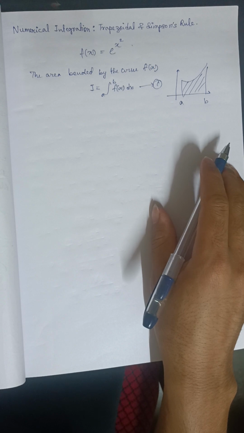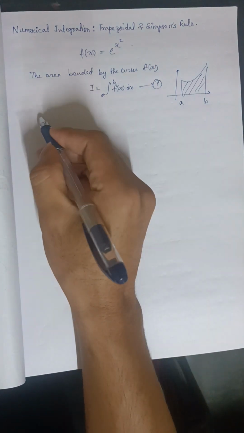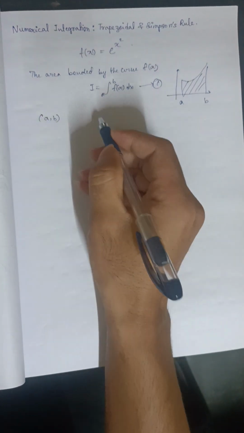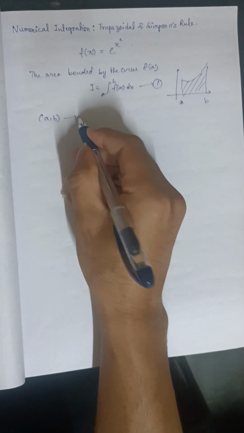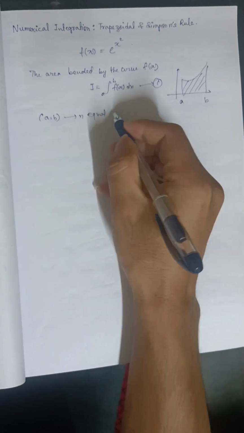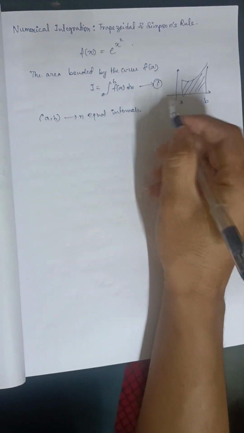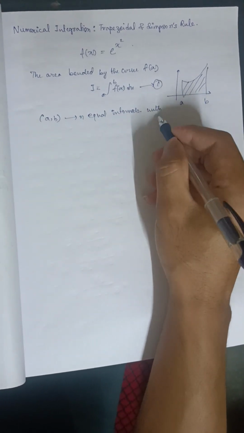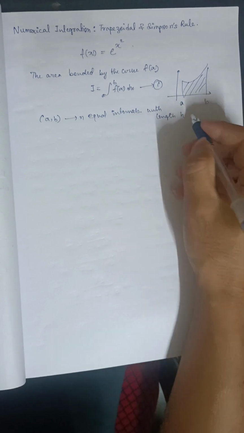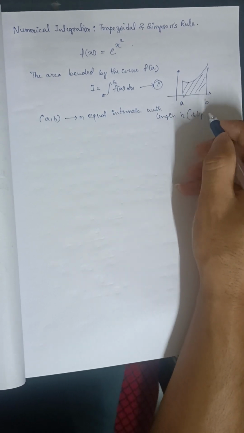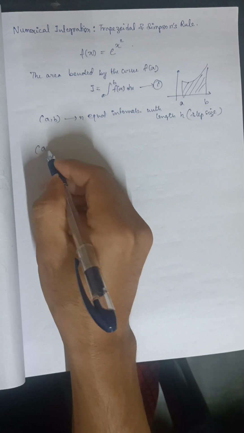To solve this by numerical analysis, we divide the interval a comma b into n equal intervals with length h. You can also call this h the step size. So suppose we have the lower and upper limits as a, b.